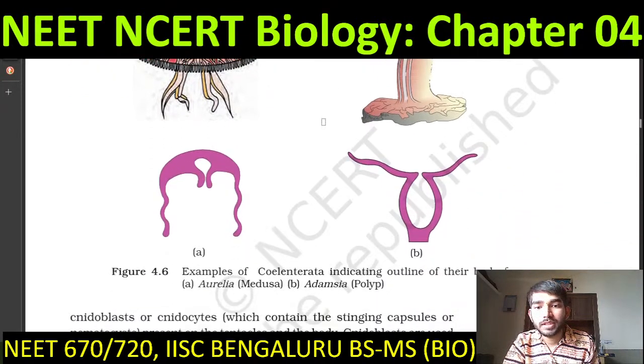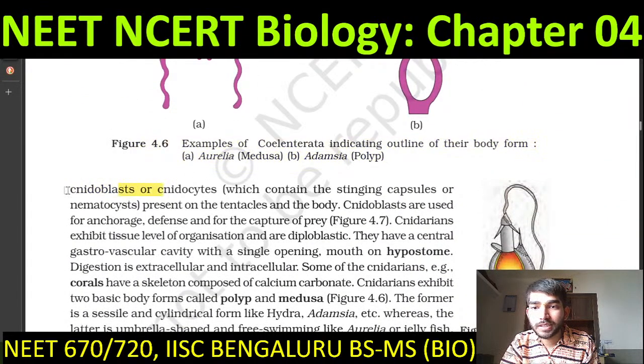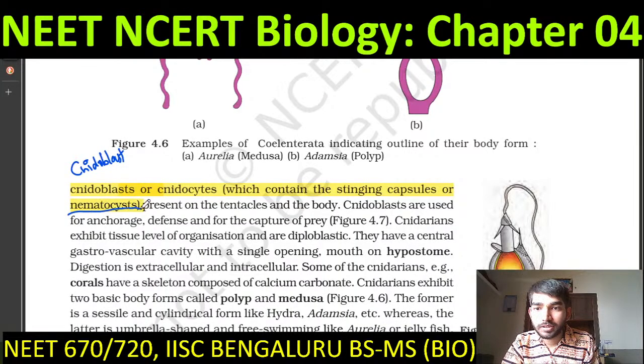Cnidaria is derived from the cnidoblasts or cnidocytes, which contain the stinging capsule or nematocyst. So the cells are called cnidoblasts, and the capsule in them is called nematocyst. The structure inside is called nematocyst, but the cells are called cnidoblasts or cnidocytes.